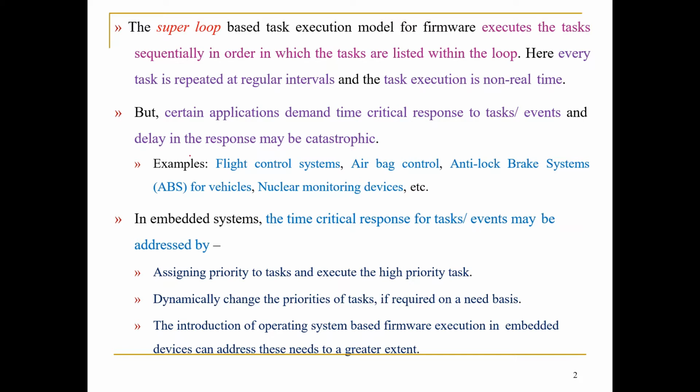For example, some tasks in flight control systems or airbag control systems, which we have already studied in the fourth module, or anti-lock brake systems of vehicles, or nuclear monitoring devices, are very critical.